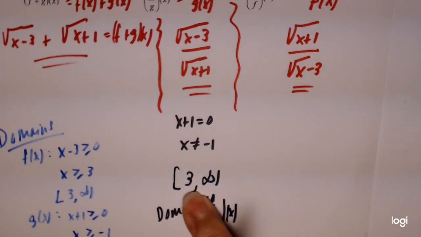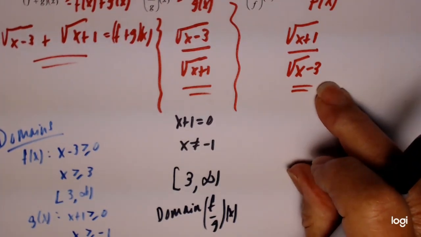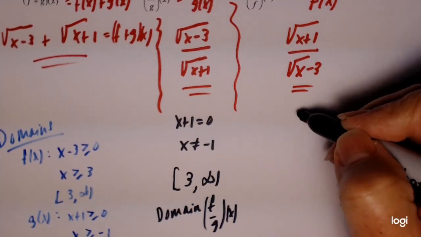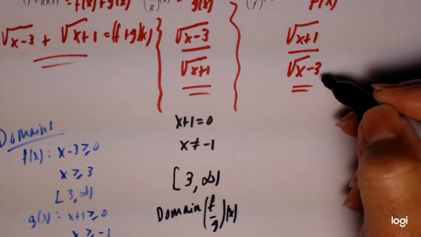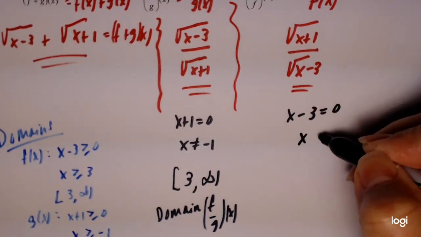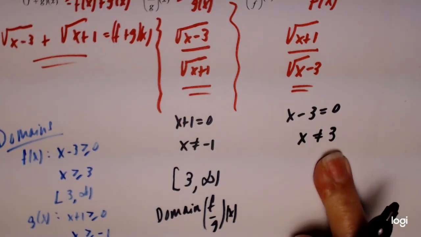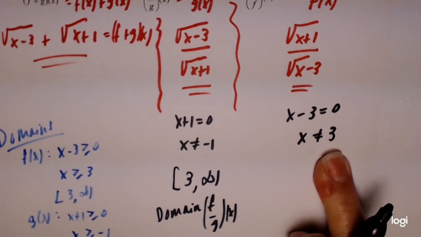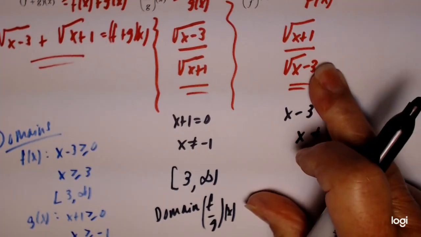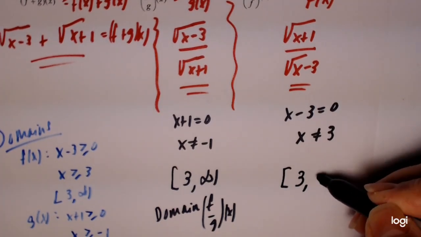Last example, remember here we switched up the denominators. So now the denominator we have to consider is this square root x minus 3. This cannot be equal to 0. X minus 3 cannot be equal to 0. So x cannot be 3. 3 cannot be included in our domain because it would create a 0 in the denominator. So if we look here, this is the domain.